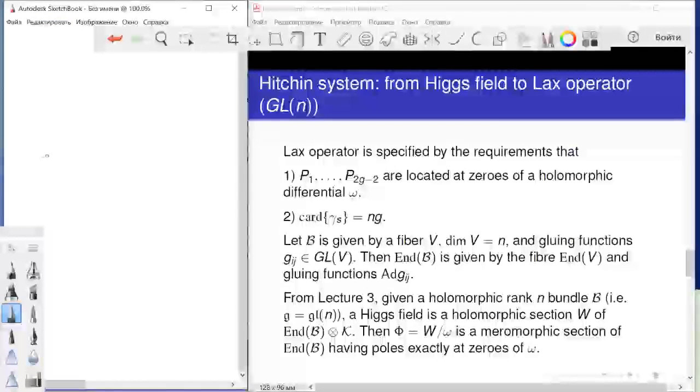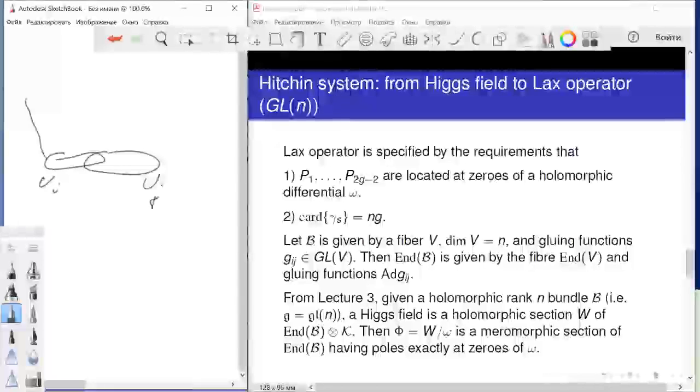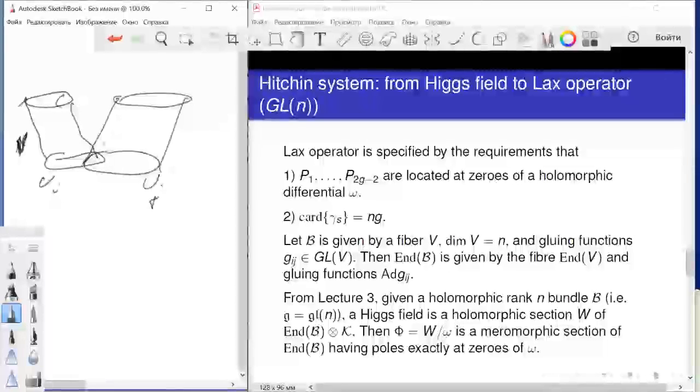So on the Riemann surface, we have open sets Ui and Uj, and a cylinder with fiber V here, and here, and over the intersection, we identify fibers by operators Gij called gluing functions.